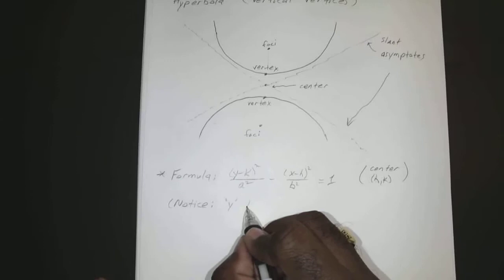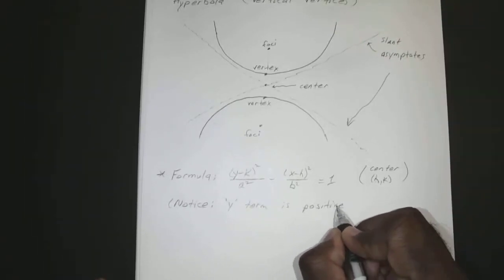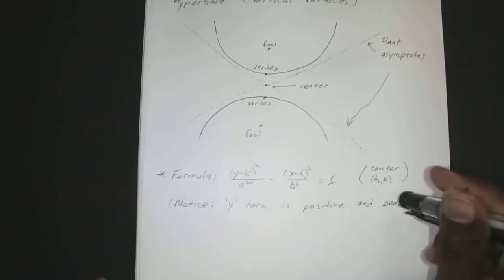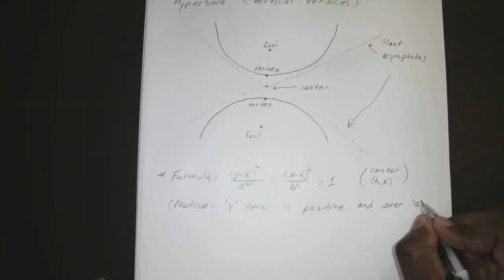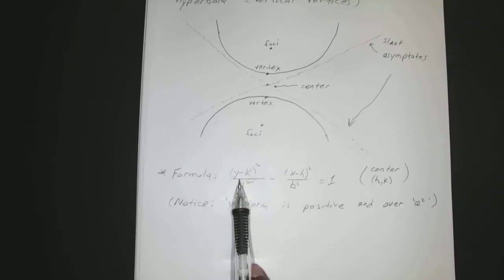So the y term is positive and over the a squared. In most cases, if they do give you the formula, you'll be able to figure out which one's your a and which one's your b by which one is in front. The a squared and b squared does not change.